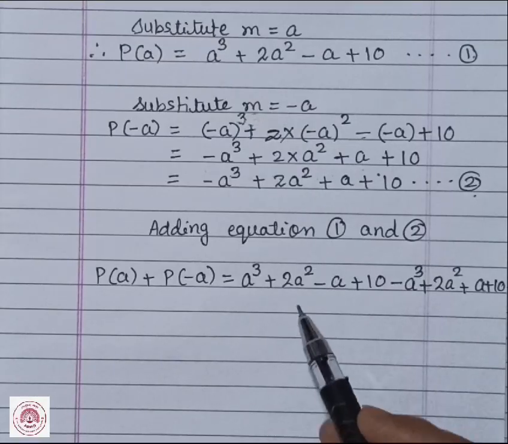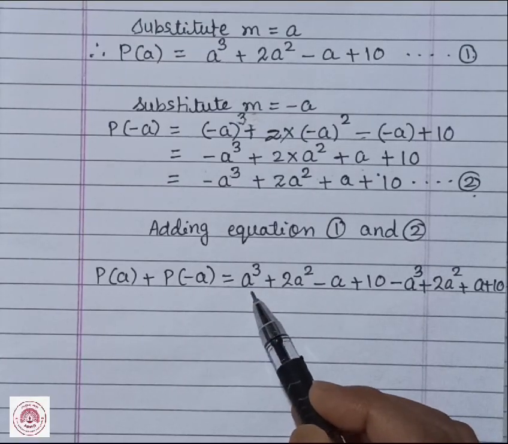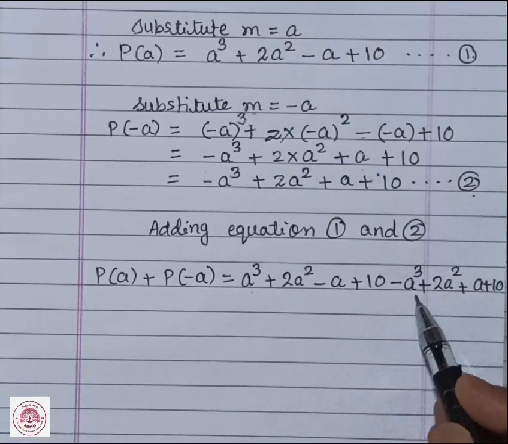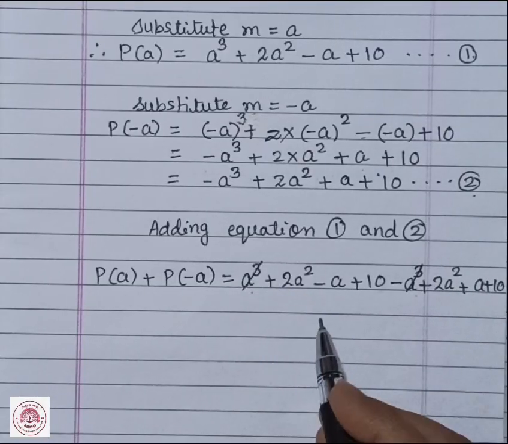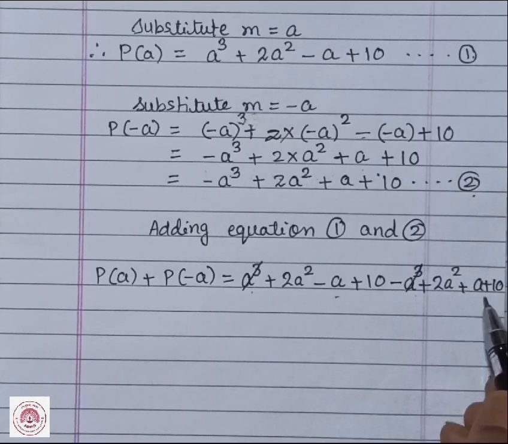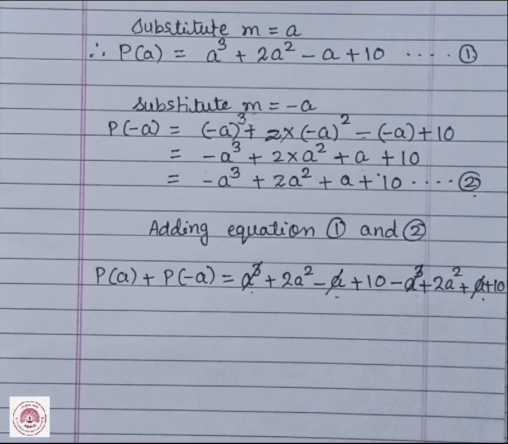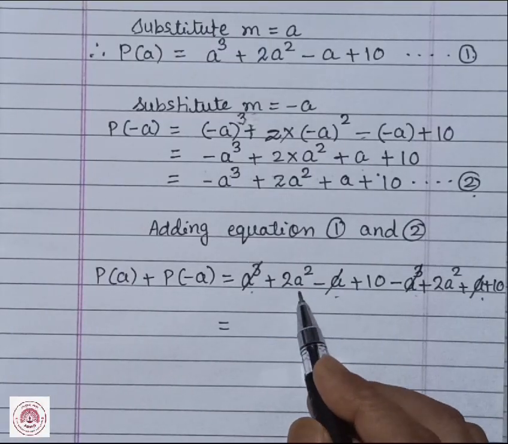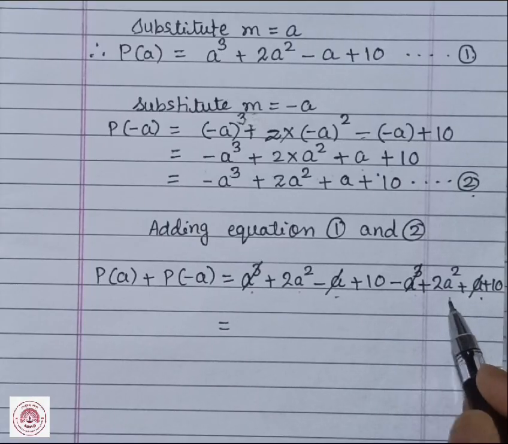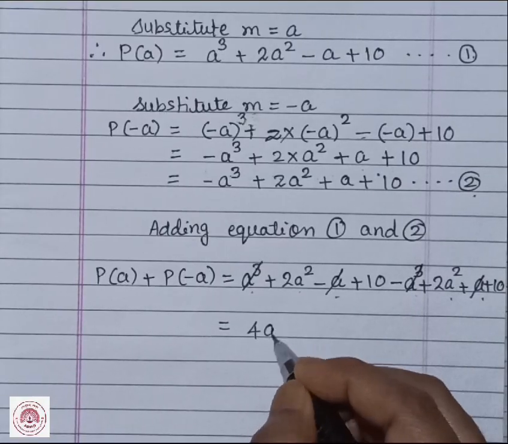Now here we have positive a cubed, and here we have negative a cubed, so these two will be cancelled. Then we have negative a and positive a, so these two will also be cancelled. Okay, let's see what we are left with. Here we have 2a square plus 2a squared, so it is 4a squared.